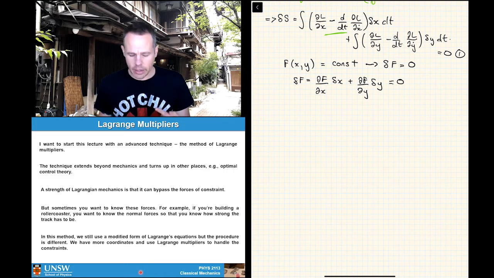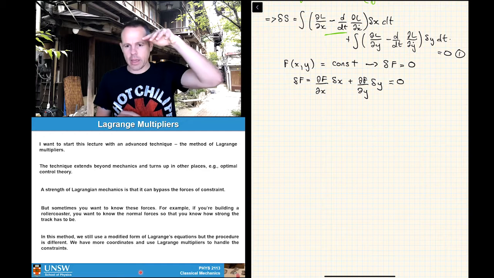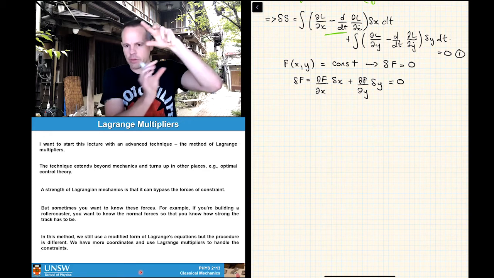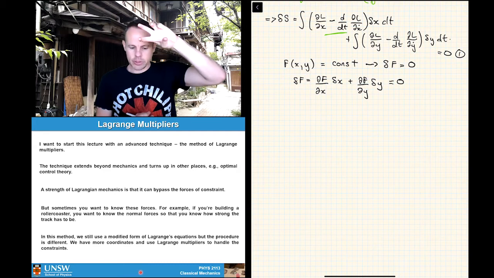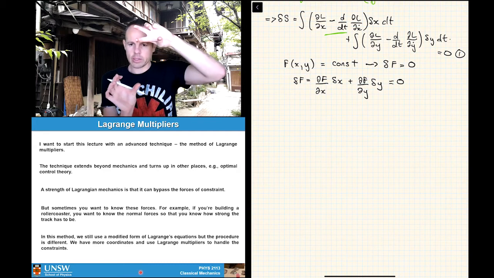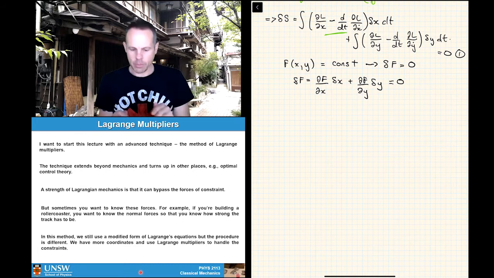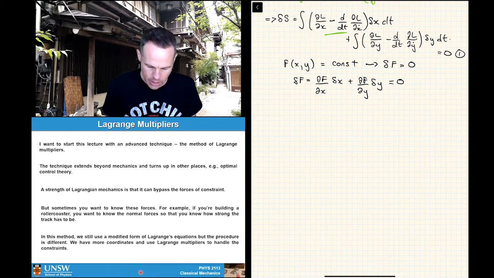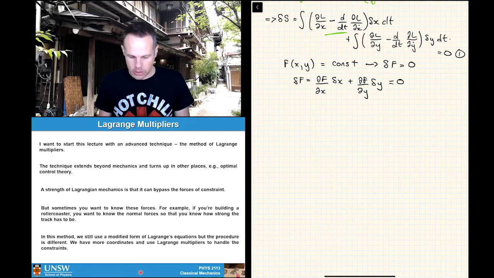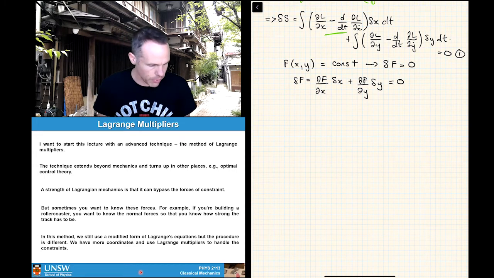So all I've done here is, instead of saying my action has to be 0 and these two terms have to turn out to be 0 and pop out Euler-Lagrange equations, I've said I'm going to stop here for a second and look at something that my constraint equation will give me. Because my constraint equation says that some function of x and y is a constant, I know that thing can't change, and I can build a little function out of this.